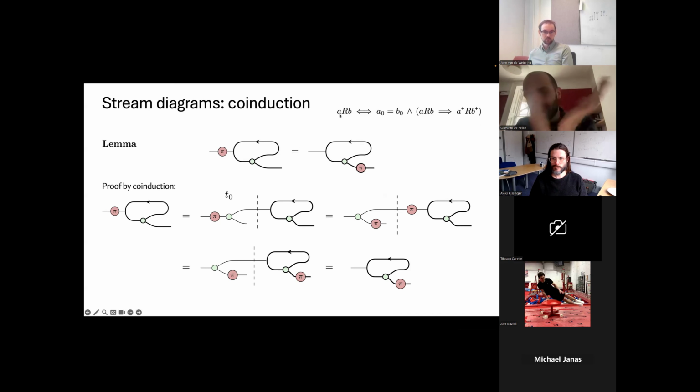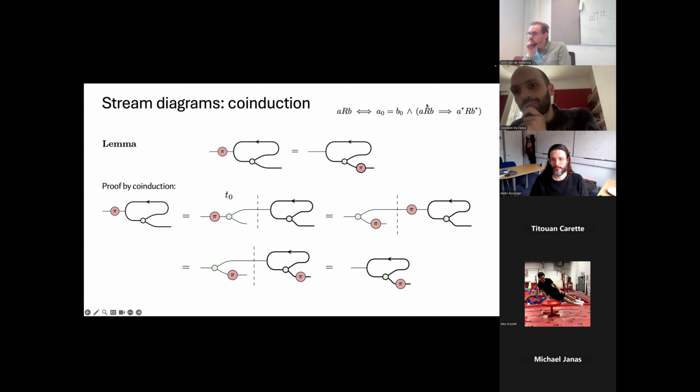It is the biggest relation R such that A and B are equal at time step 0, and if I assume what I want to prove, then they are related in the future.